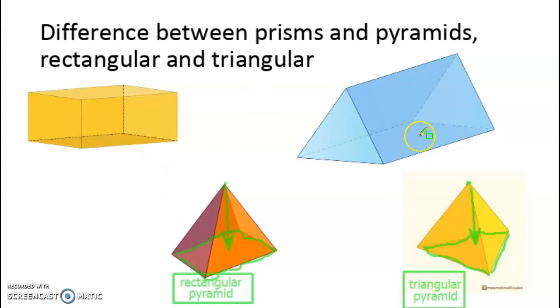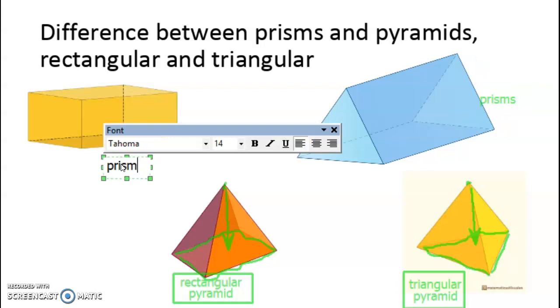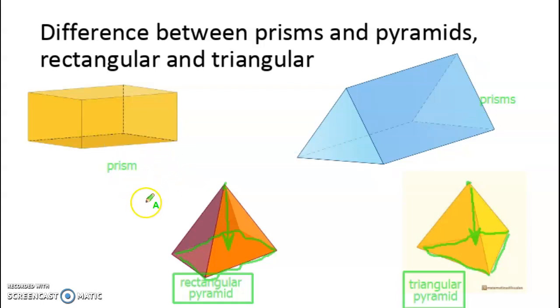Now the top two, it does not just have one pointy top. So since there is not just one pointy top, these are going to be called prisms. So if there's one pointy top, it's a pyramid. If there's not, we call it a prism. Again, there's different types, but for prisms, you don't look at the base, you look at the front.